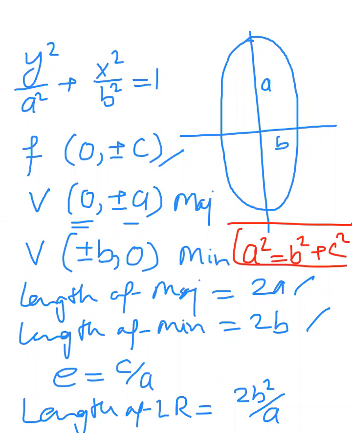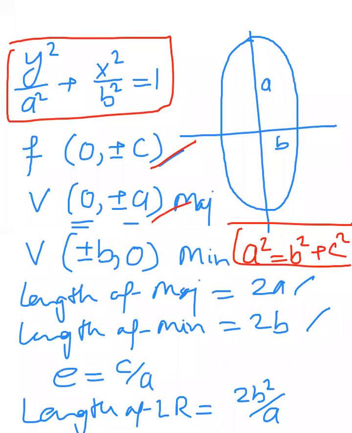So I suppose we are getting all the things. Only major difference is in the equation, focus, vertex on the major axis, vertex on the minor axis. Other things are the same, whether major axis was the x-axis or the y-axis. Both the cases are giving us the same things.